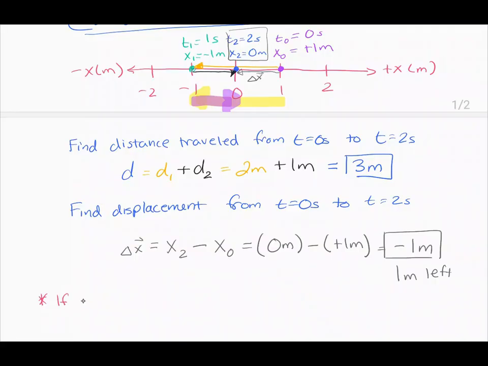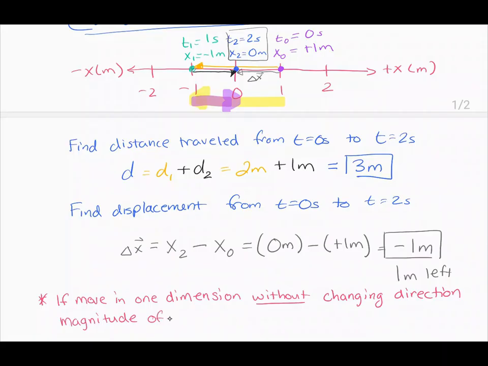So if you move in one dimension, so basically along a straight line, without changing direction, then the magnitude of the displacement, so that would be like the number, is equal to the distance traveled.